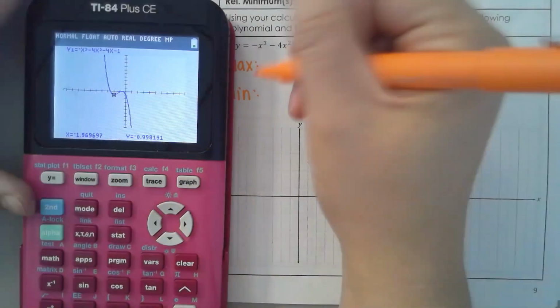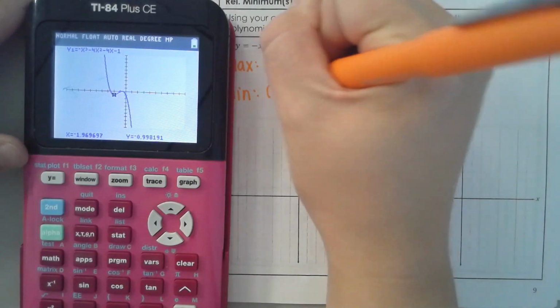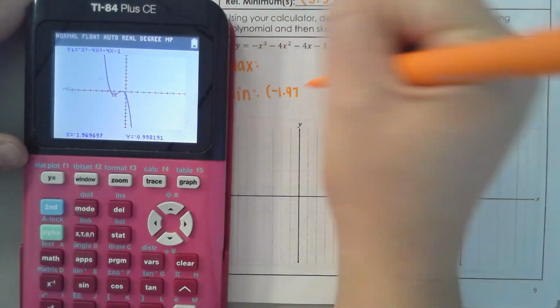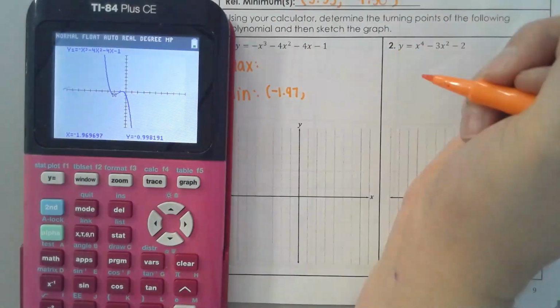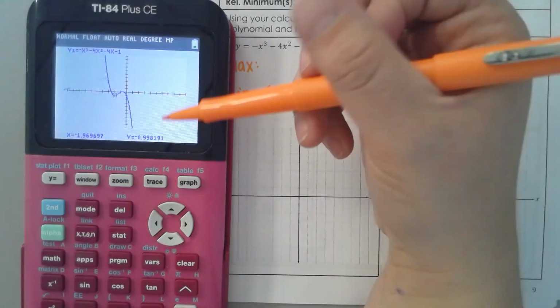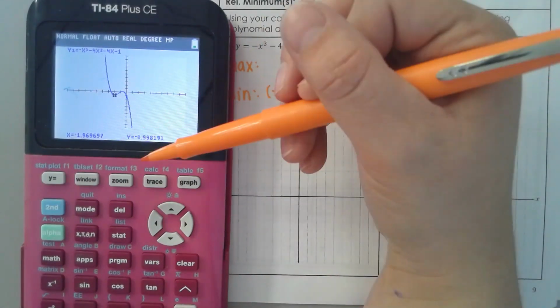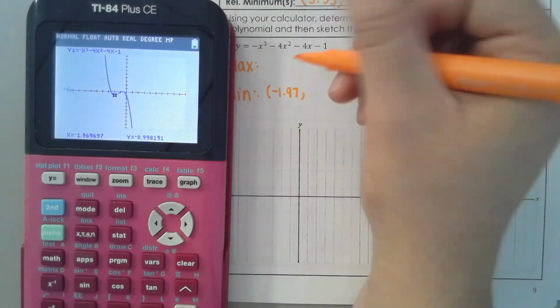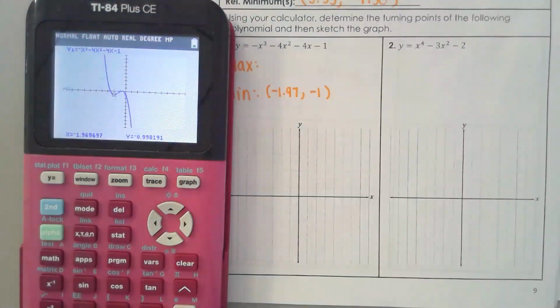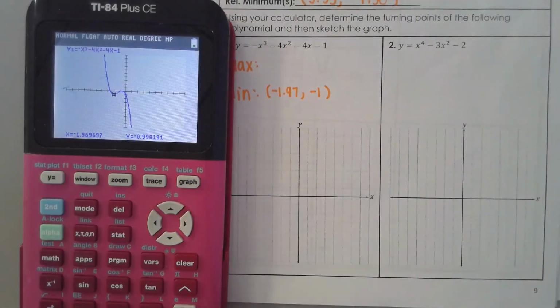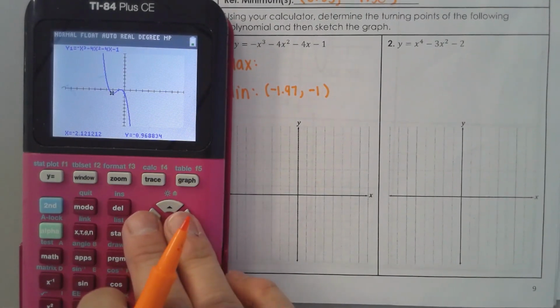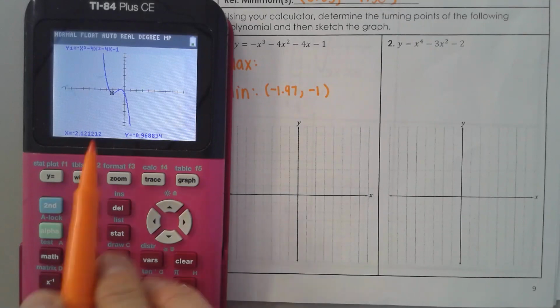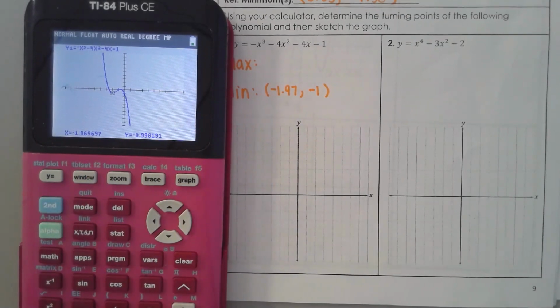So my minimum is negative 1.97, comma, 2.12. That's because I was one click over from you. That would have been okay.